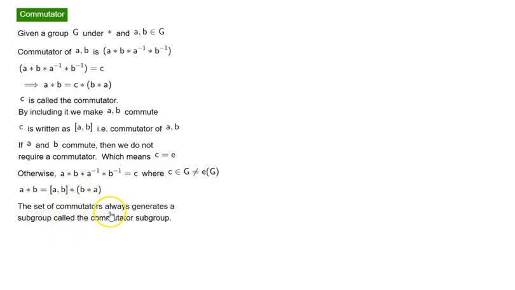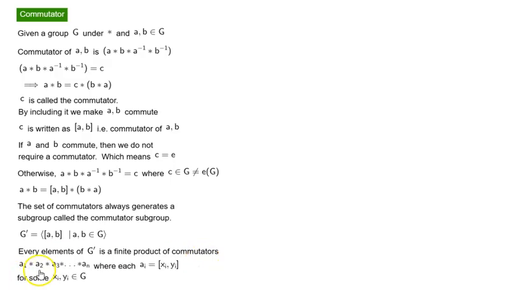The set of commutators always generates a subgroup called the commutator subgroup. The commutator subgroup is written as the group identifier prime. So G prime is equal to the subgroup generated by the commutators of A and B, where A and B are in G. Every element of G prime is a finite product of commutators.